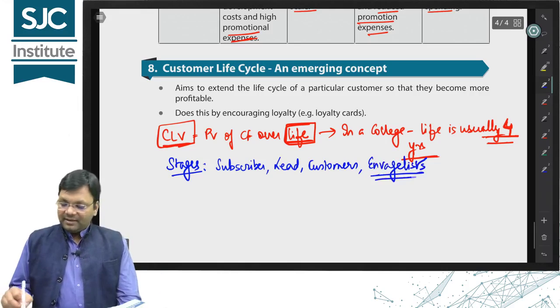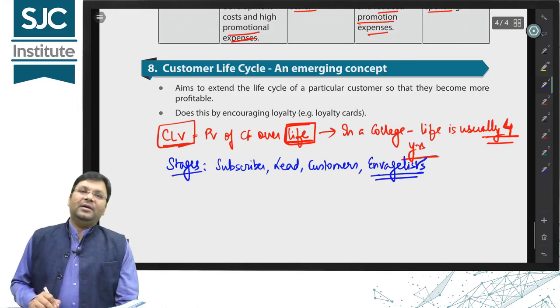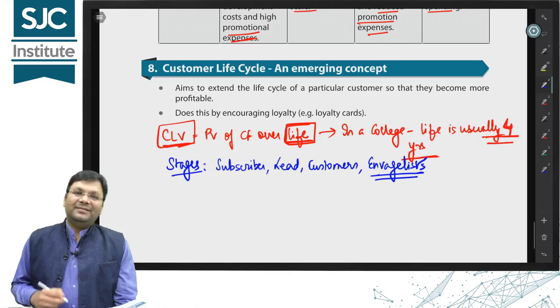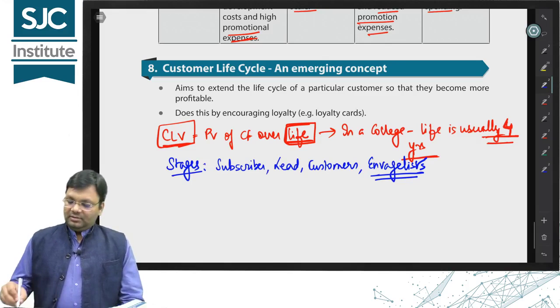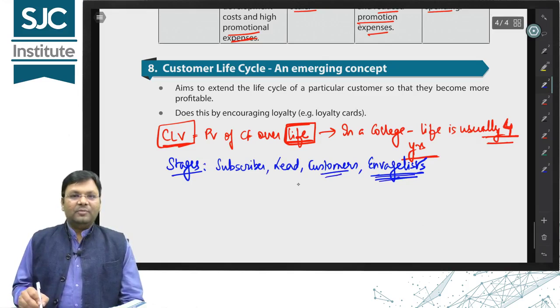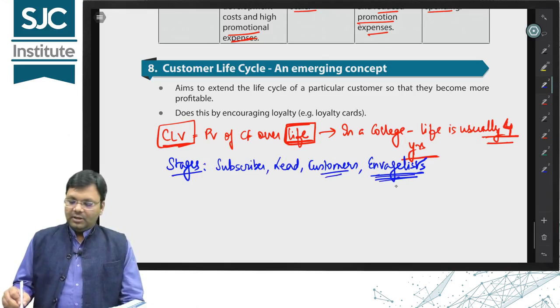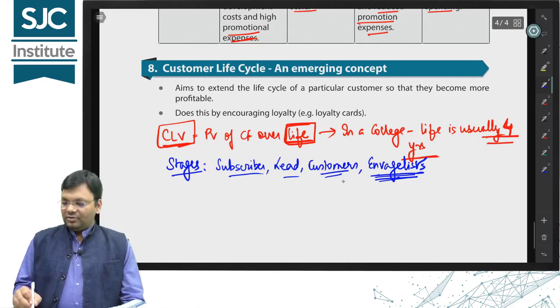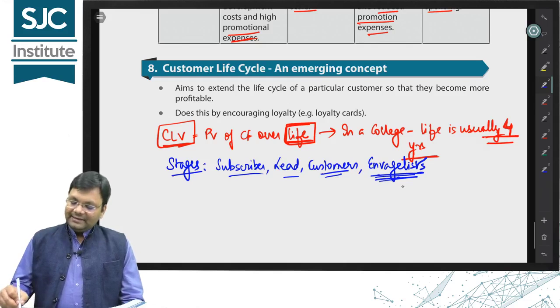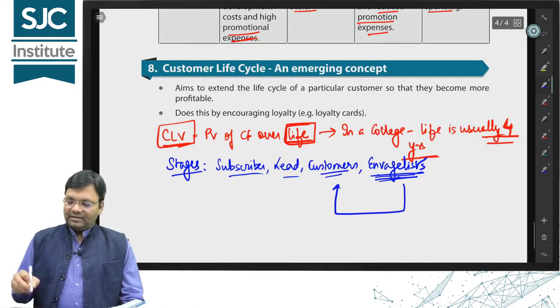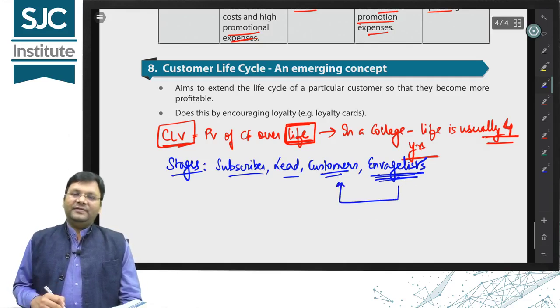That means they become your word of mouth, your indirect advocates, brand ambassadors, who start promoting your product because they have believed in you, used your product, and are very satisfied with you. So these are some of the stages. So you want that these evangelists should again become our customers. Why should they leave us just after becoming an evangelist?